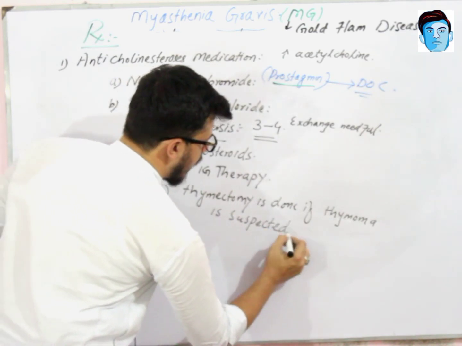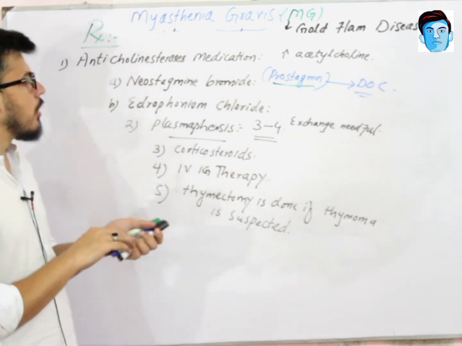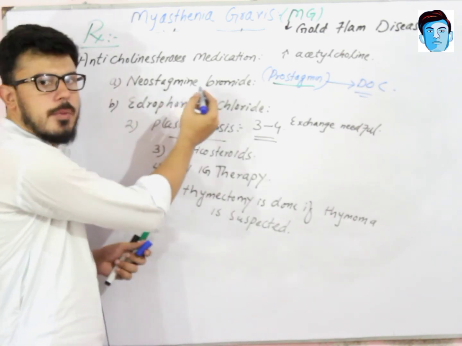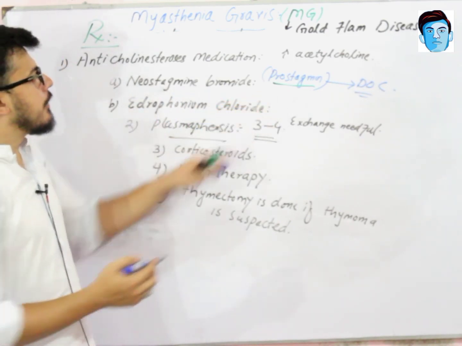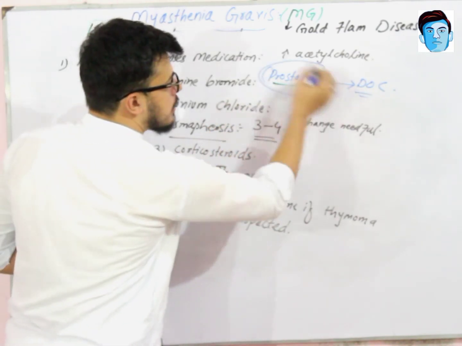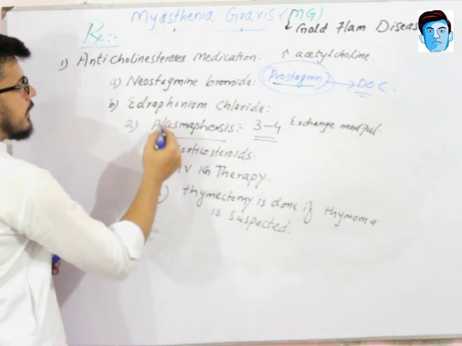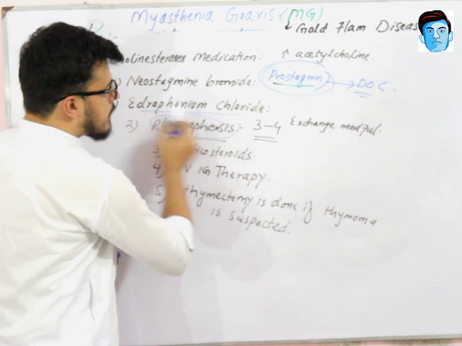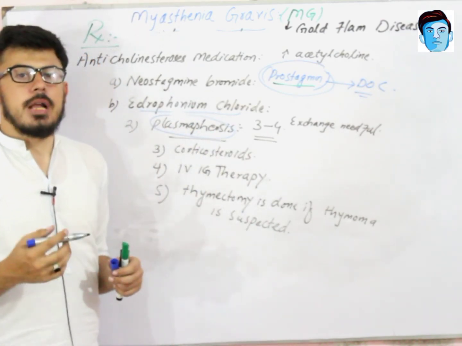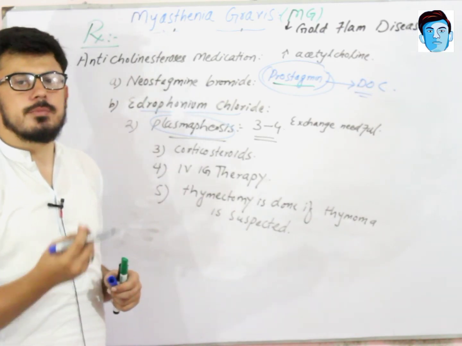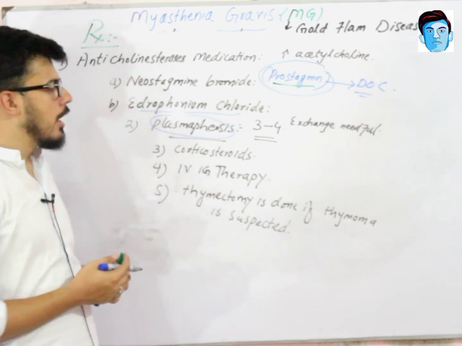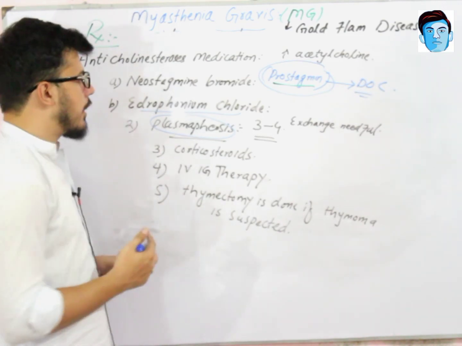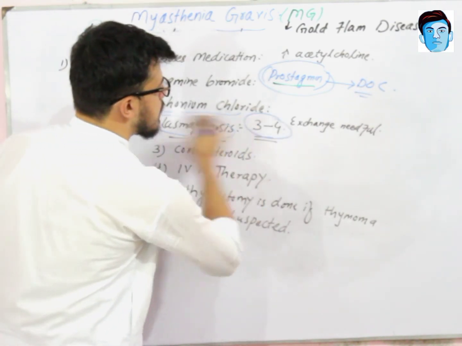So I repeat, the treatment options: the first is anticholinesterase medication in the form of neostigmine bromide, where prostigmine is the drug of choice. Secondly, edrophonium chloride is important. Also, we can do plasmapheresis, in which we remove the antibodies bound to the acetylcholine receptors, so that acetylcholine can bind to the receptors for adequate muscle contraction, and at least 3 to 4 exchanges are needed.